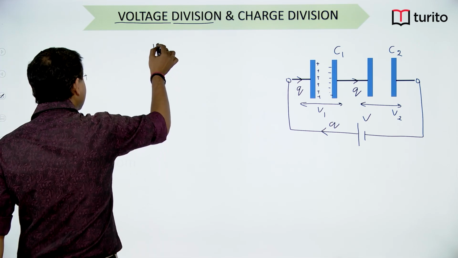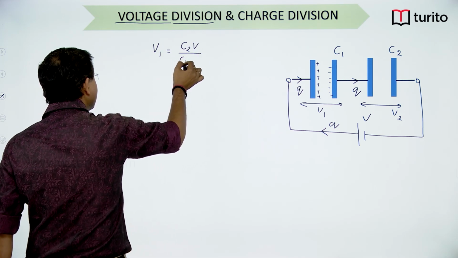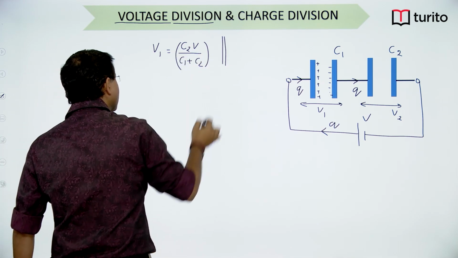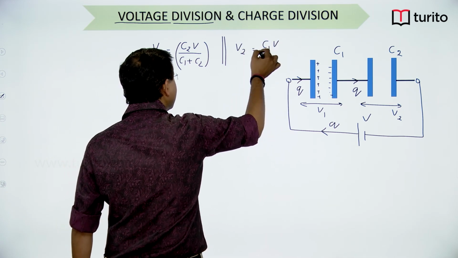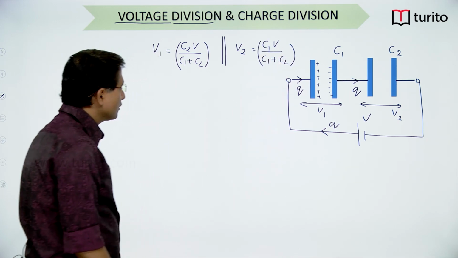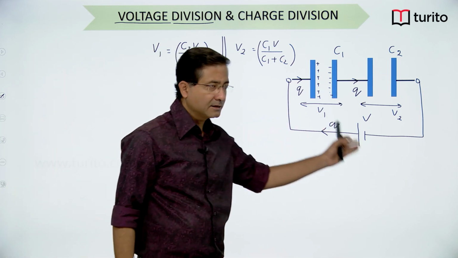So, we are going to get V1 as C2V upon C1 plus C2, and V2 is equal to C1V divided by C1 plus C2. This is the voltage division when two capacitors are connected in series.